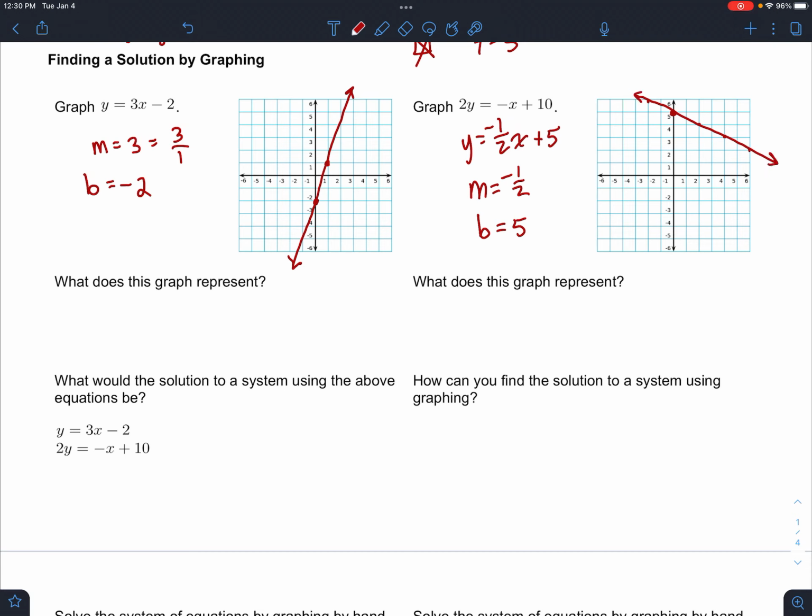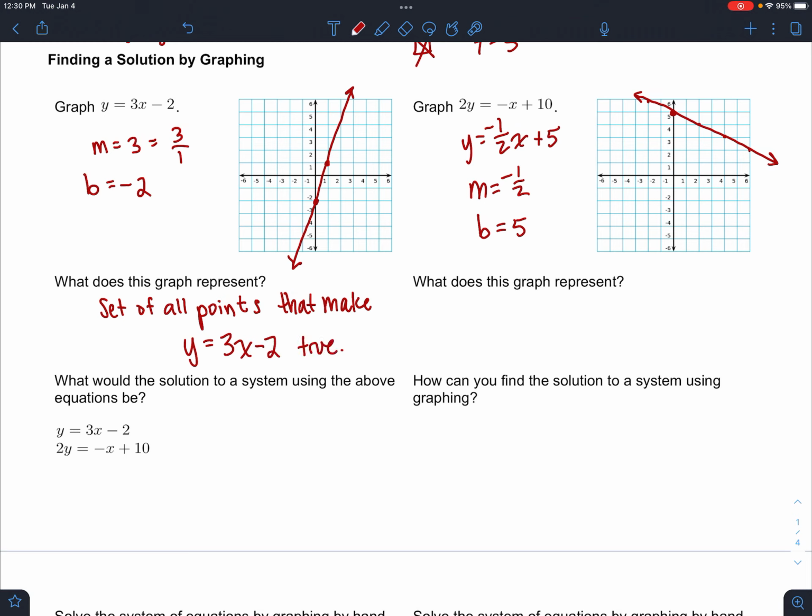So what do these graphs really represent? A line is really a set of points. In this new notation and vocabulary that we have, it's the set of all points that make our equation true.